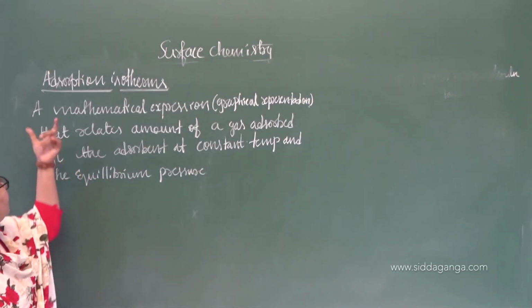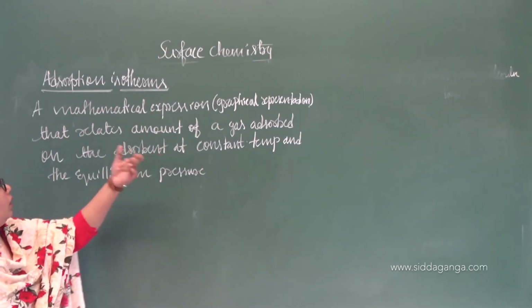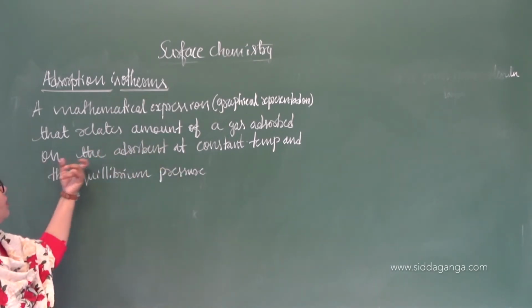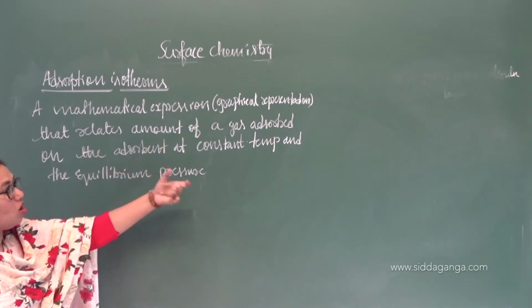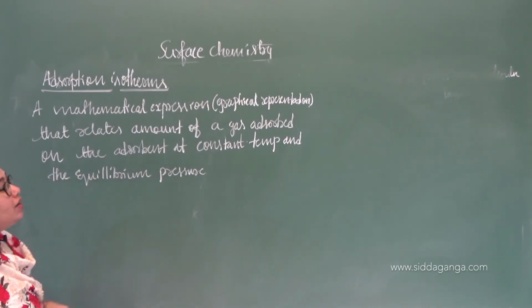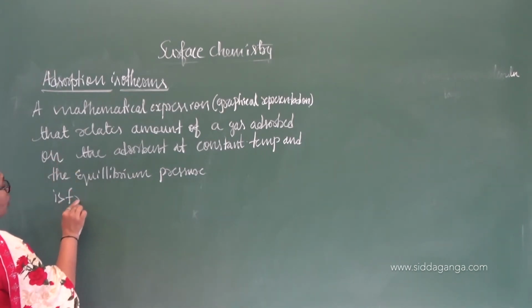I will repeat. The mathematical expression or graphical representation that relates the amount of a gas adsorbed on the surface of the adsorbent at constant temperature and the equilibrium pressure. There are two types of adsorption isotherms.